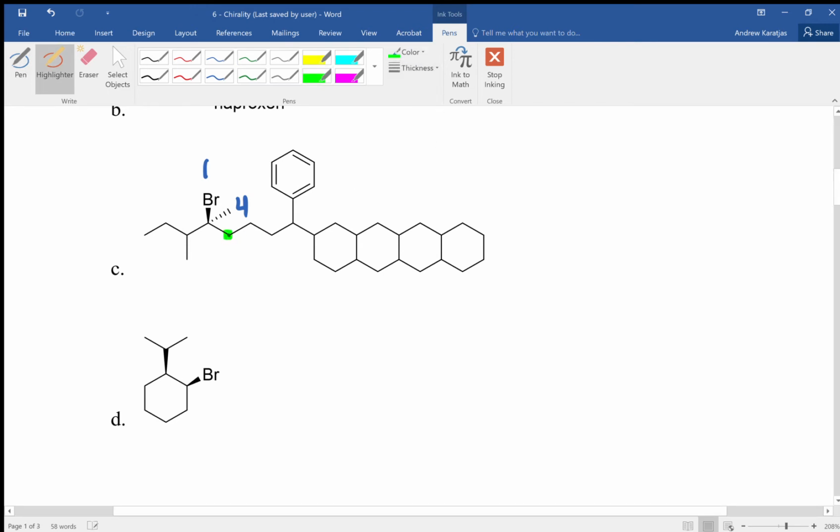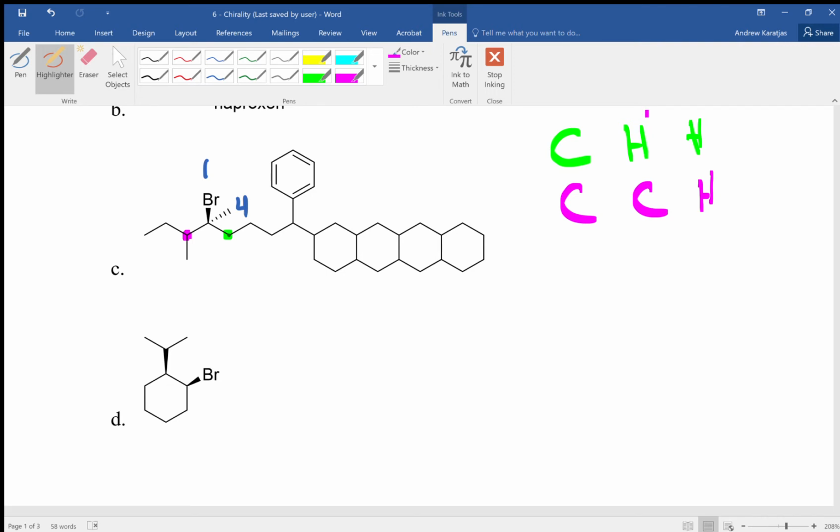So if we start with this one that I've highlighted in green, what else is that carbon attached to? It's attached to another carbon plus two more hydrogens. Now what about this one in purple? It's attached to 2 additional carbons and 1 hydrogen.